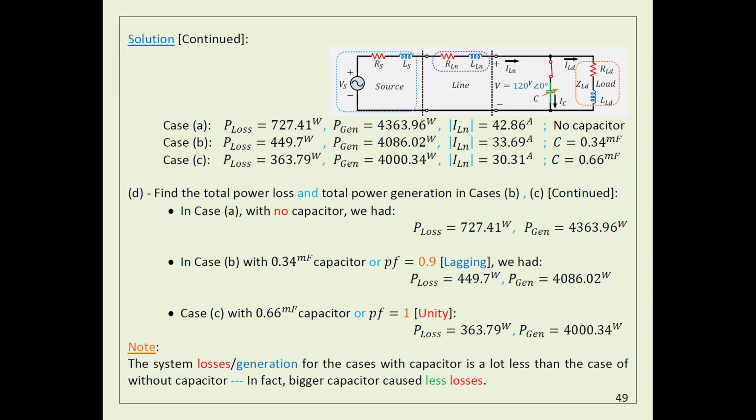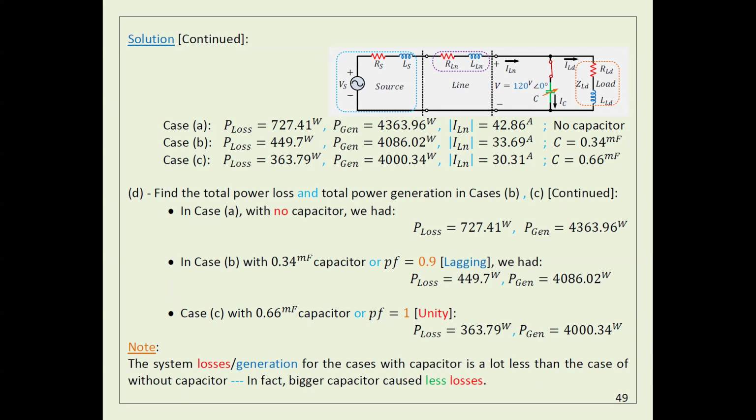Because theta V and theta I are not in phase. Why are they not in phase? Because if the load is only resistive, it will be in phase. But because you have an inductor or capacitor, it's not going to be in phase.